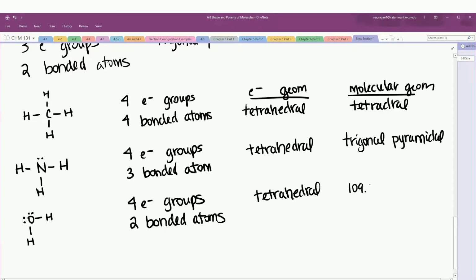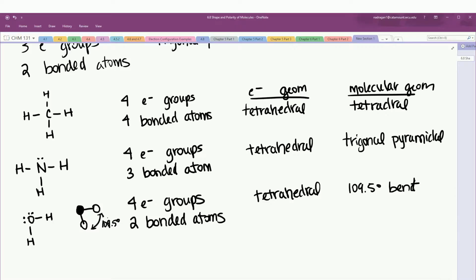It's going to be 109.5 degrees bent. So water looks something like this. This filled in circle represents our oxygen, and then these molecules here represent our hydrogens. So there is an angle of 109.5 degrees between the 2 hydrogen atoms.